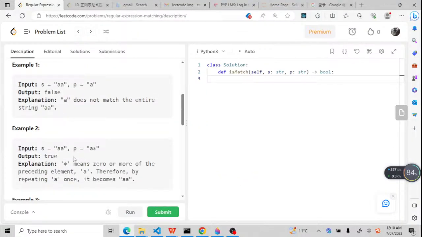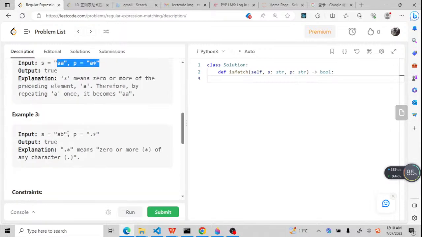So here are some examples. As we already know, this is true, this is false, and in this one, this dot can become A, and if it is A, the star can only be A. Let me think.